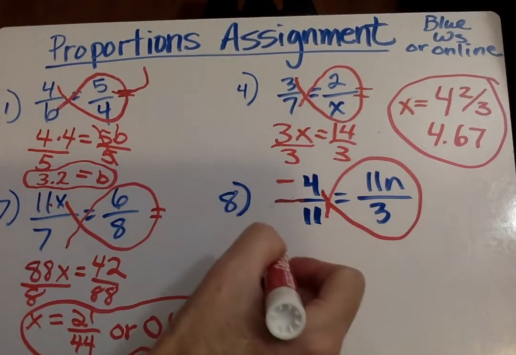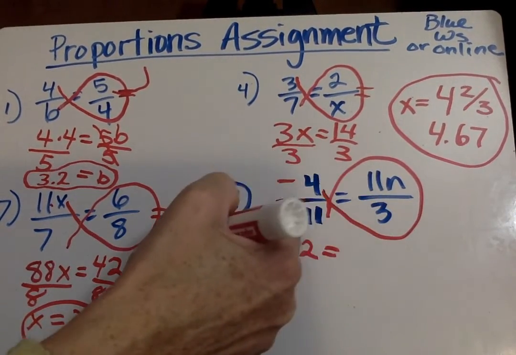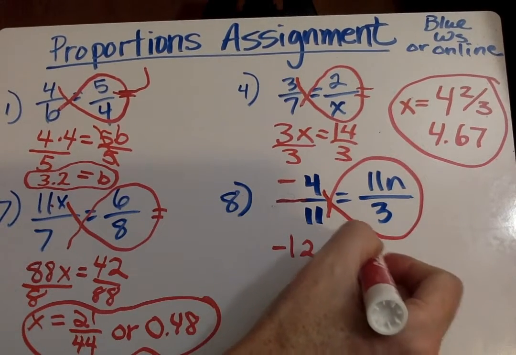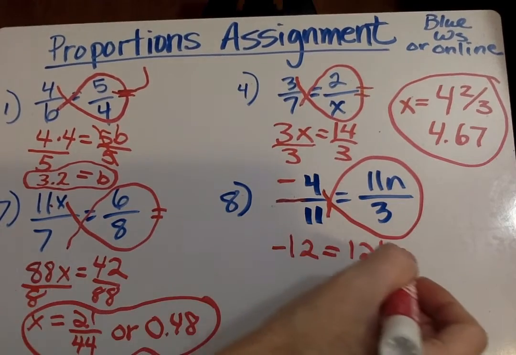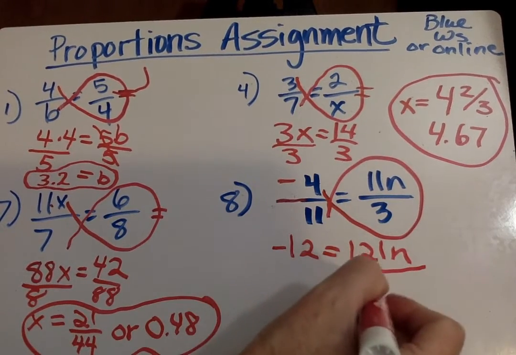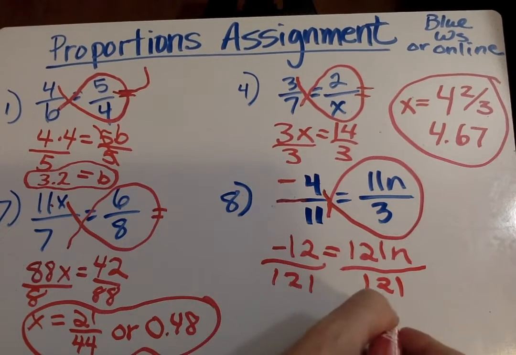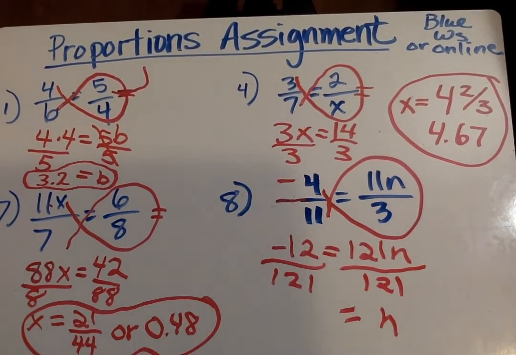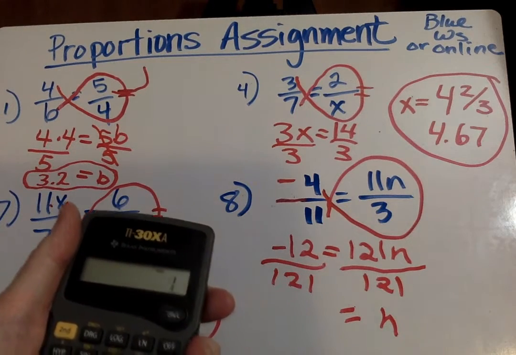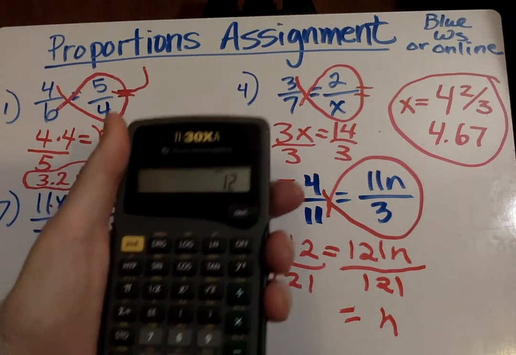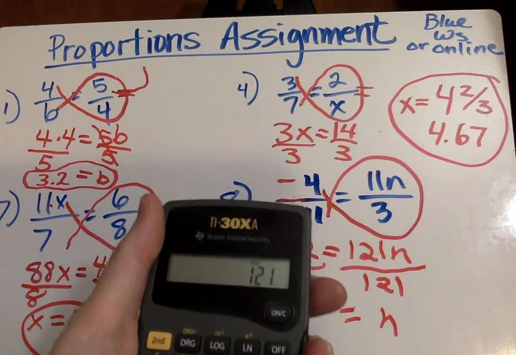So negative 4 times 3 is negative 12, equals 11 times 11 is 121n. And then you divide by the number in front of the variable.